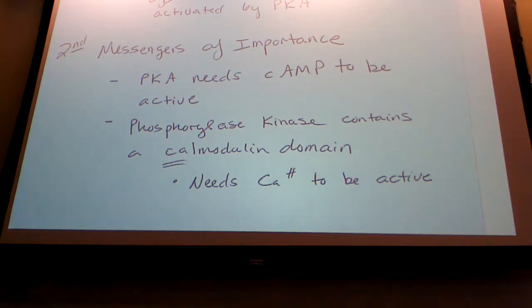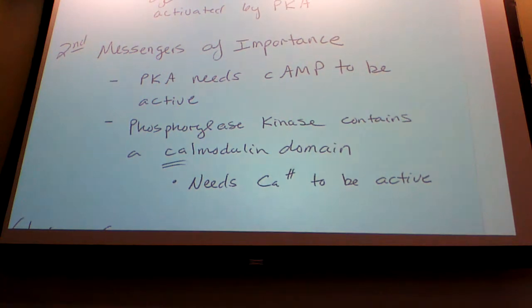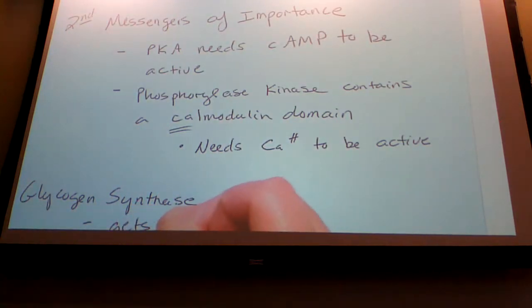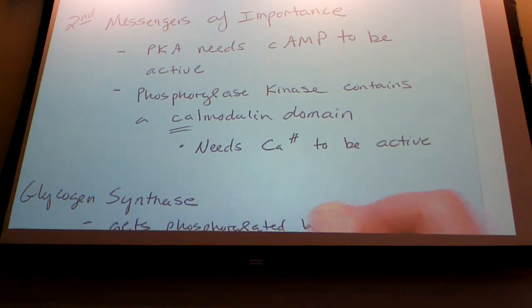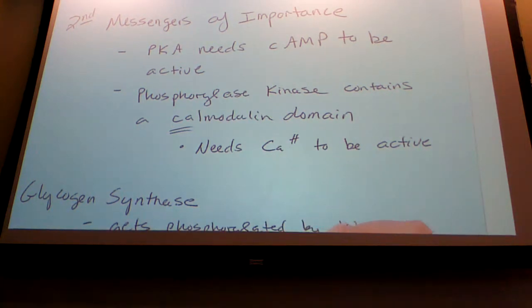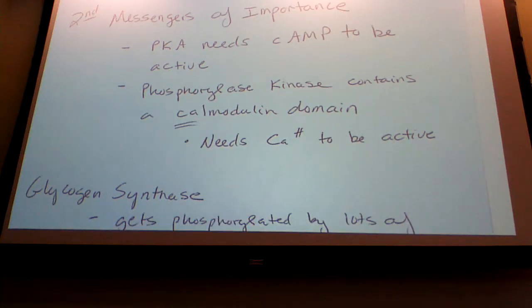And then one more thing I want to write down before we go into pictures. Glycogen synthase gets phosphorylated by lots of different things, lots of different kinases. And this includes PKA and other PKA activated kinases.